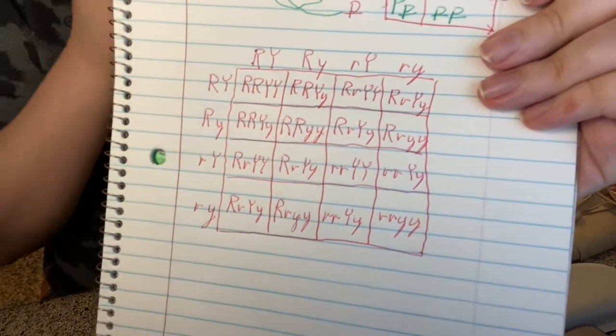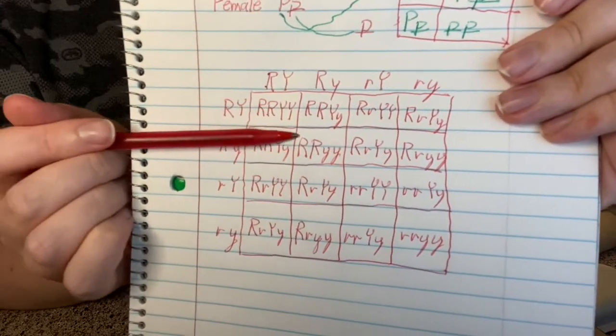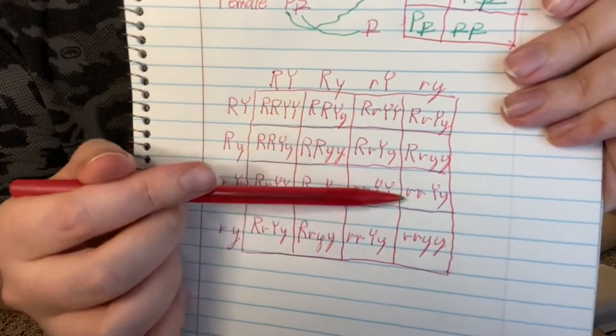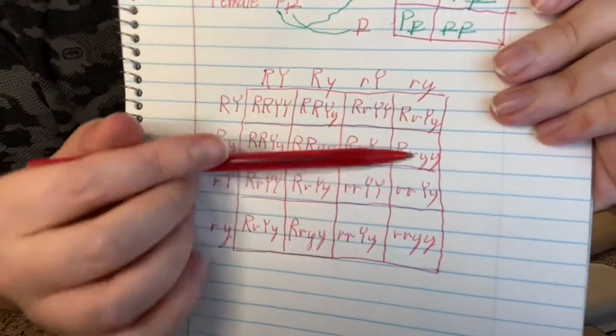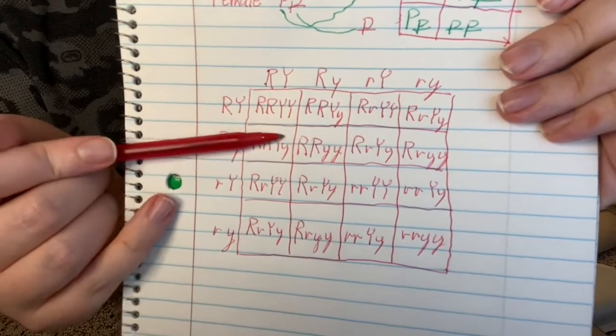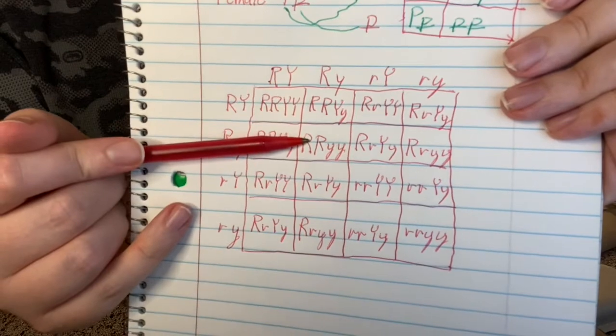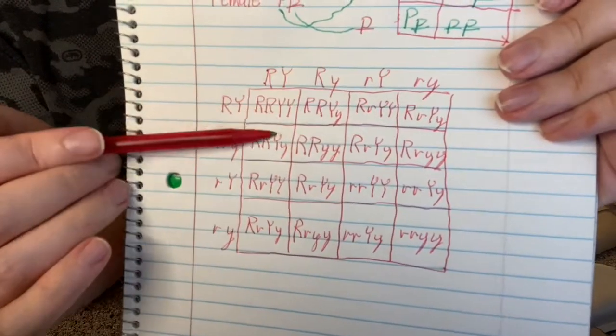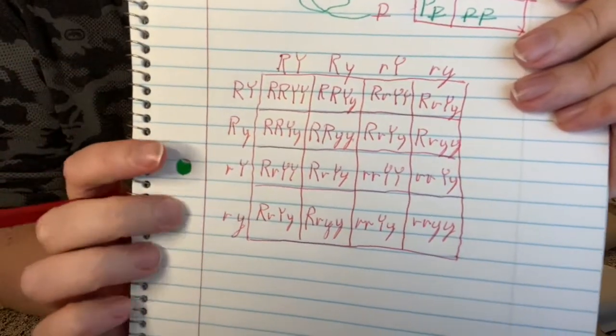And let me tell you why. The 1 to 2, the 4 to 2, the 1 to 2 to 1. This probability, 1/16th, 1/16th, 1/16th, has the same exact probability as a monohybrid cross.